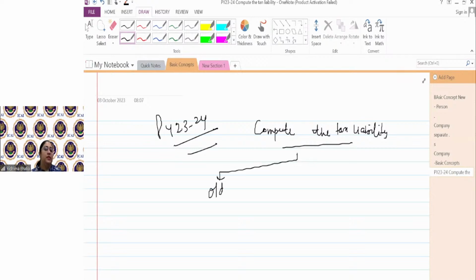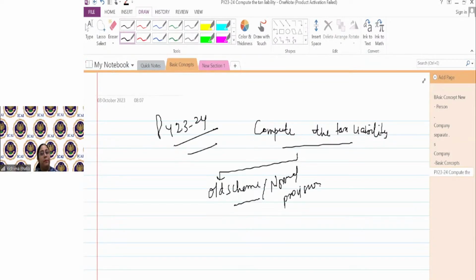One is the old scheme of computing tax, the age-old method since 1961. It is going on. Yes, the tax rates in it vary year on year, but there is an old scheme, or some say normal provisions, of computing tax.